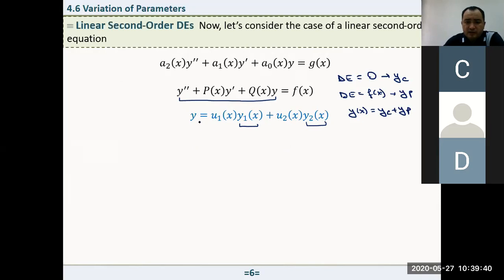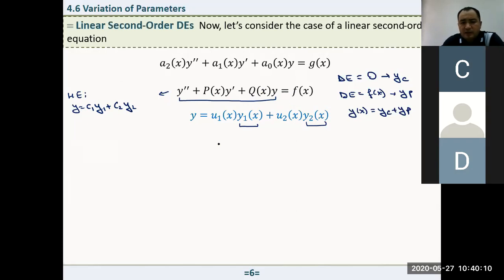And we know that the solution of the homogeneous equation will be y equal to c sub 1 times y sub 1 plus c sub 2 times y sub 2. That is the solution of the associated homogeneous equation of this differential equation.